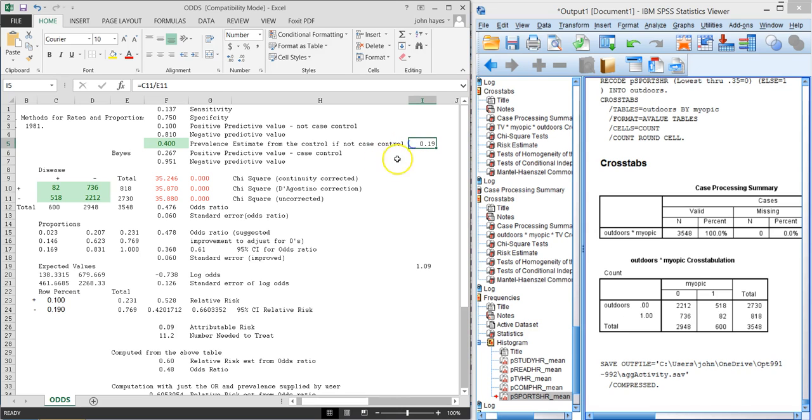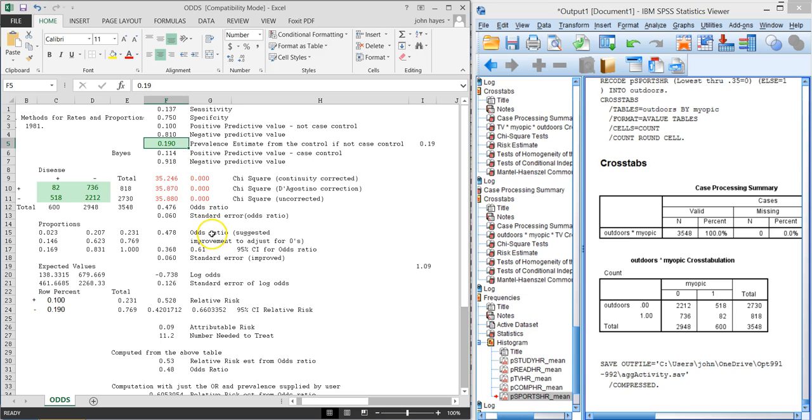This probably isn't the best example of a way of calculating prevalence in just the nature of this study. But it would be like if you did a study where you randomly went out and looked to see what is the prevalence of myopia in the population, and then plug that number into your prevalence. But let's use that for now. 0.19 is our prevalence of myopia. And we base it on this down here. So for this particular study, the prevalence was 0.19.